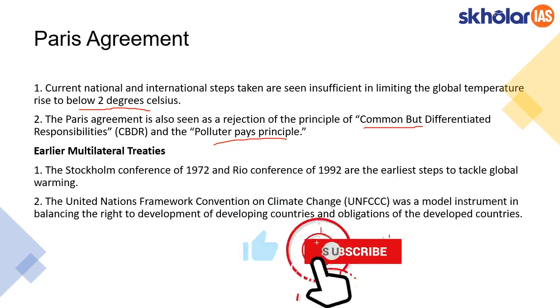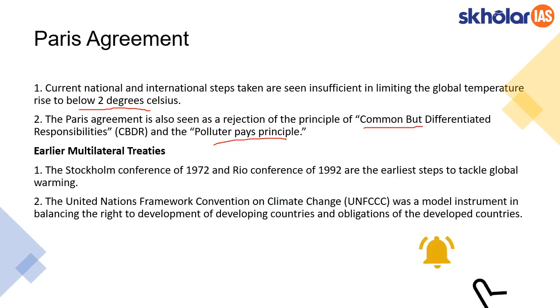Before we get more into the Paris Agreement, let's try to understand some other multilateral treaties that came before it. The first one is the Stockholm Conference of 1972, and the second is the Rio Conference of 1992. These were earlier steps taken to tackle global warming itself.